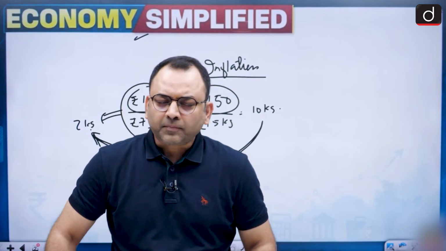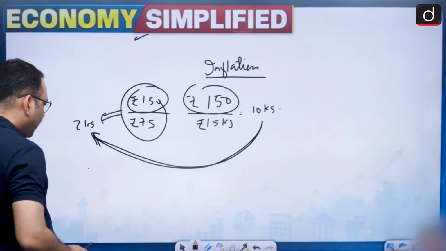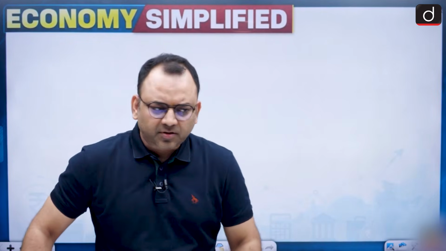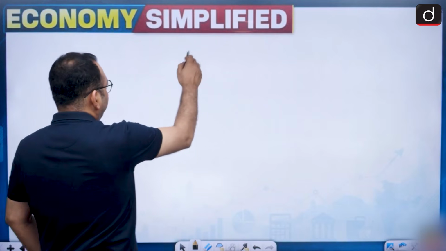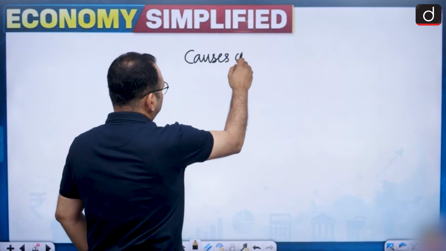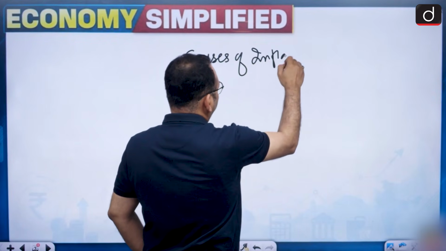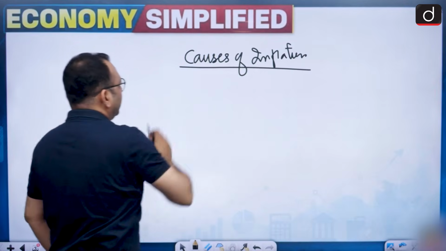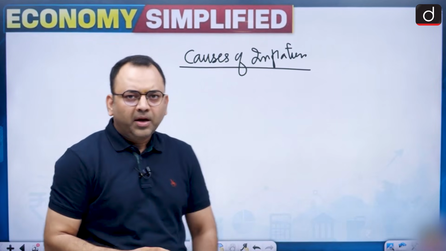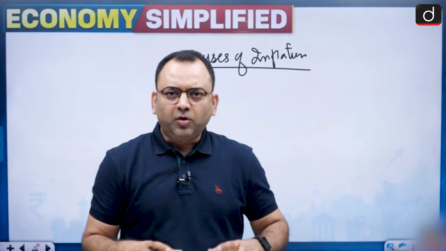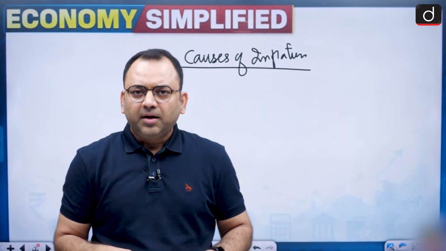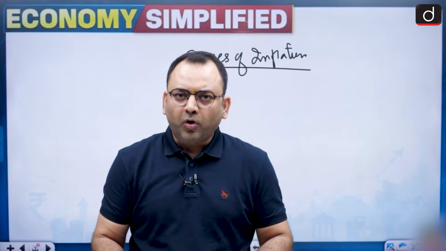The second thing is a basic question: what are the factors that lead to inflation, right? The causes of inflation. You see, all the inflation causing elements can be classified into three broad categories.